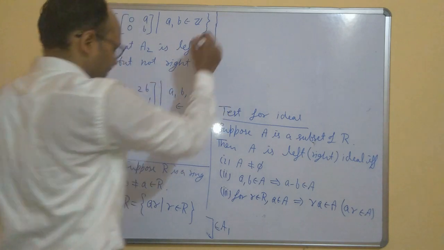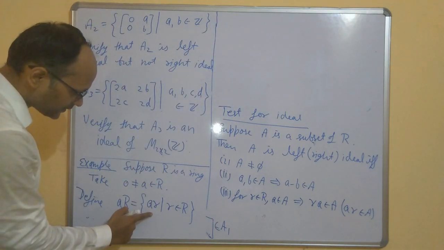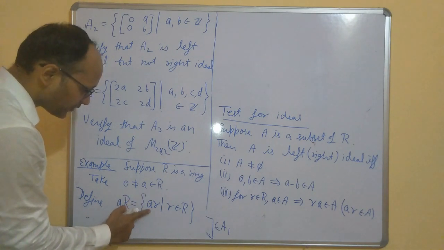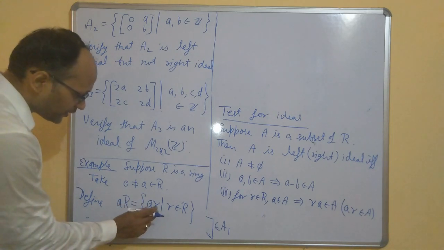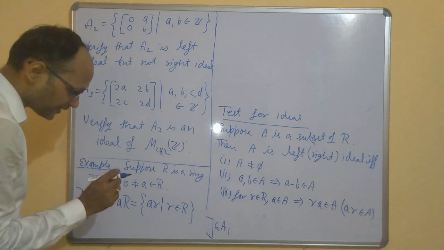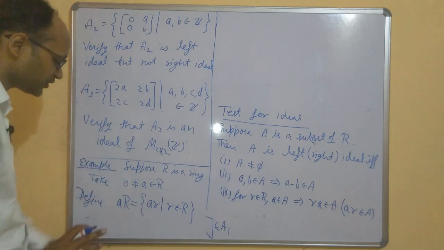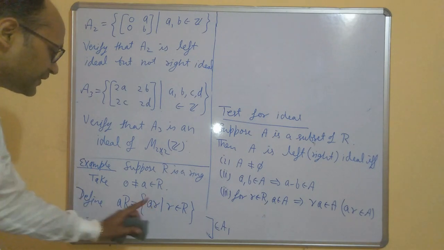So the question is, is it an ideal? This set is non-empty. Why? Because for some element of R, when you multiply it with A, you will get at least some elements. Note one thing, that if R does not have an identity element, then A may not belong to it.